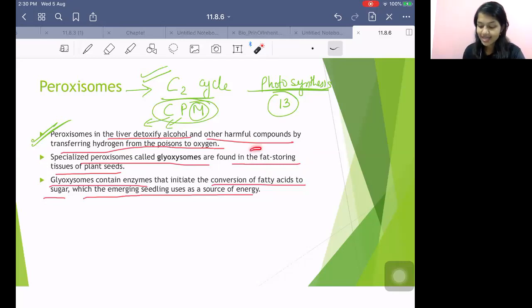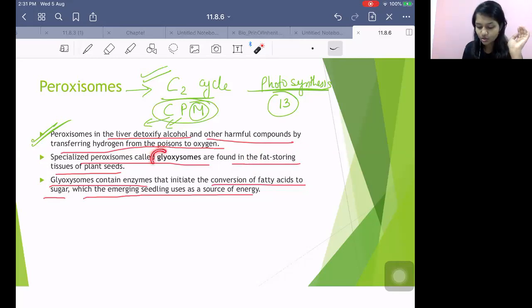Yes. Since they are storing fat, whenever time comes, they will break down this fat into sugar, because finally the energy which is provided to your body comes from the sugar, glucose, right? We store fats. Whenever you require energy, the fat will be converted to sugar, and that sugar will again give you the energy.